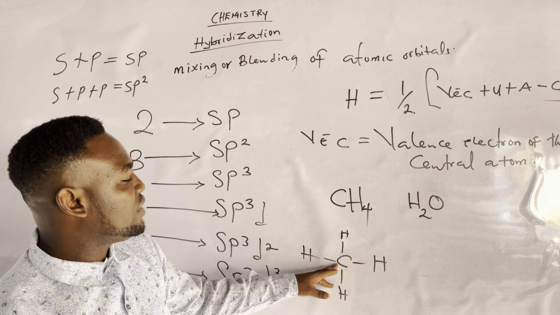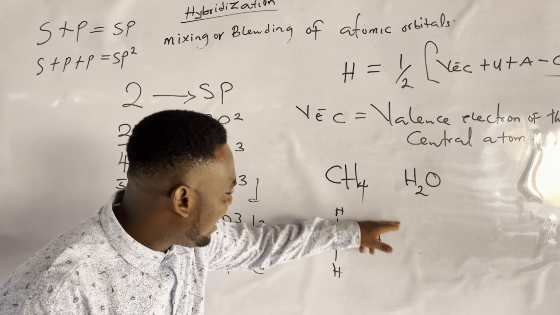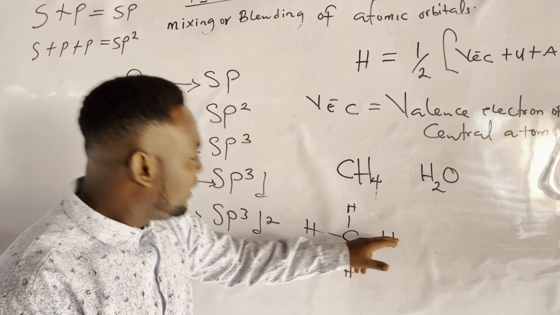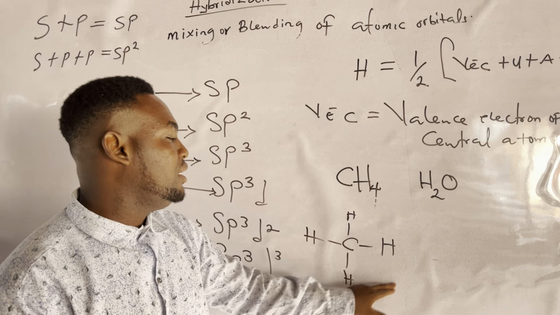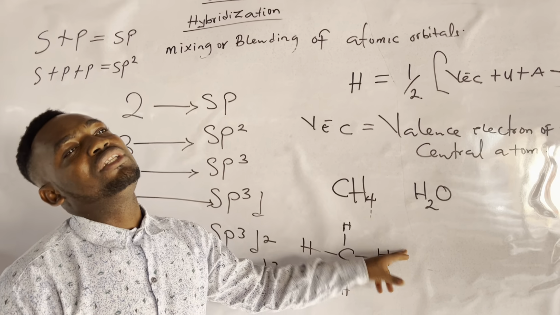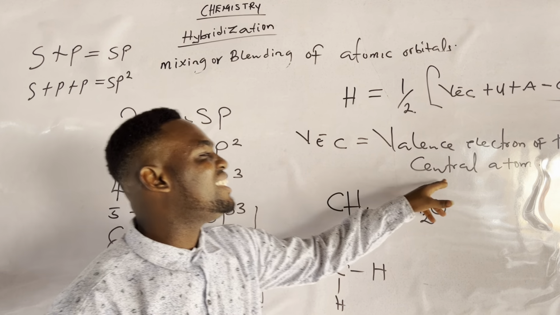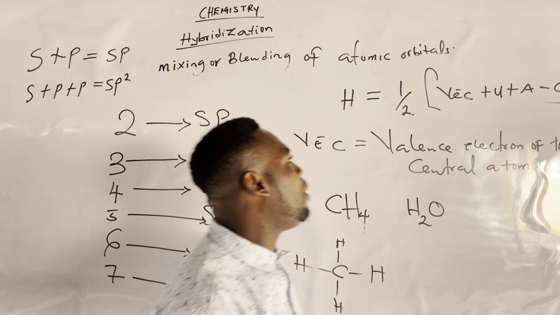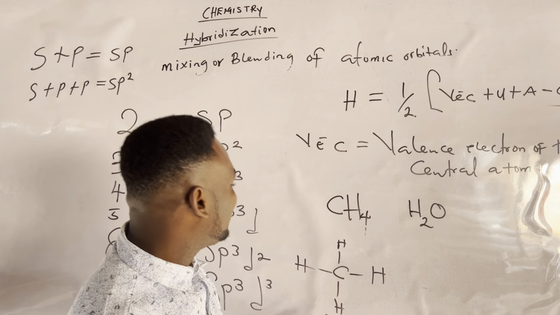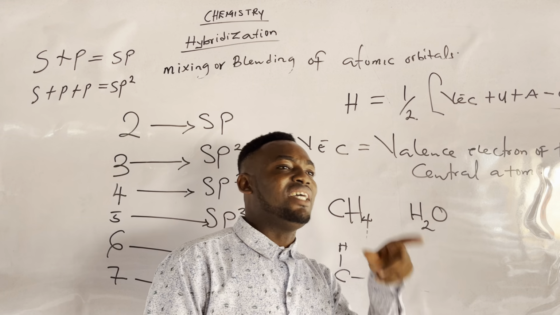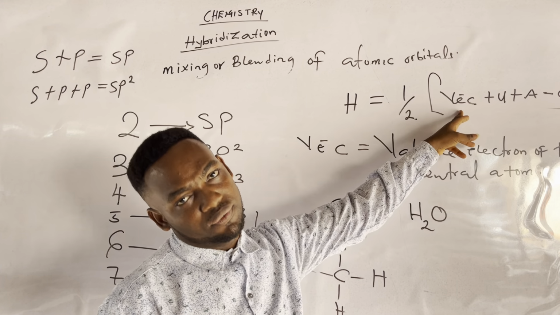It then means there is an atom at the center here, and then there are other atoms that surround the center, which is hydrogen. These other atoms that are surrounding the carbon are called the peripheral atoms. Meanwhile, the atom at the center is called the central atom. So what we are saying in this formula is that locate the central atom, find the valence electron of that central atom. That is what you put here in your formula.